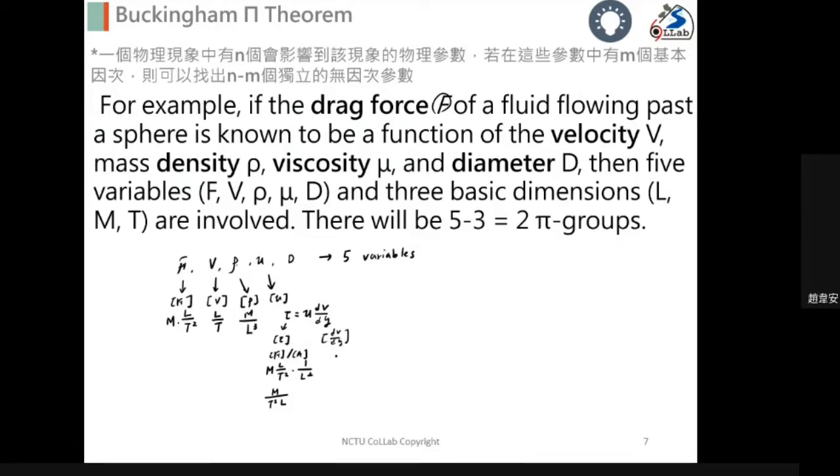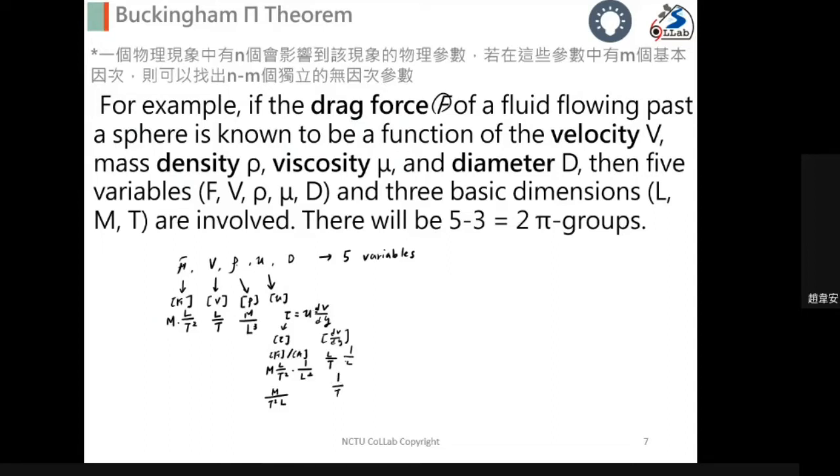Okay, so we know the dimension of the velocity gradient. The velocity is L divided by t, and we divide by dy, which is L, so the dimension of the velocity gradient is only 1 over t.